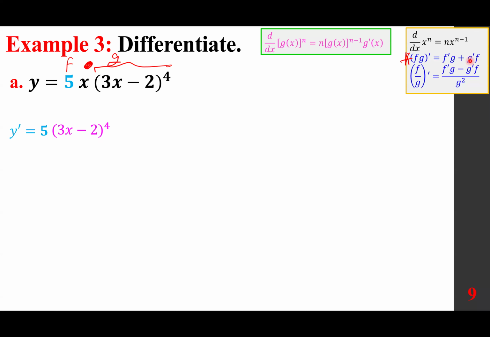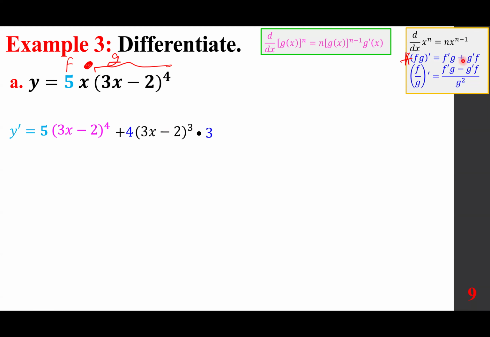plus g prime f. Now for g prime f, we are going to use the extended power rule. So this one becomes plus n, which is 4, g of x to the power of n minus 1, which is 3x minus 2 cubed, times g prime, the derivative of the inside, which is 3. And that is done.